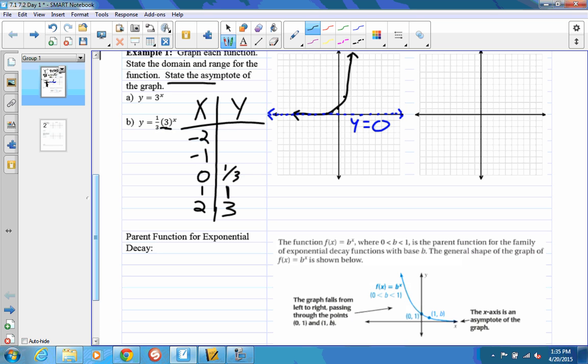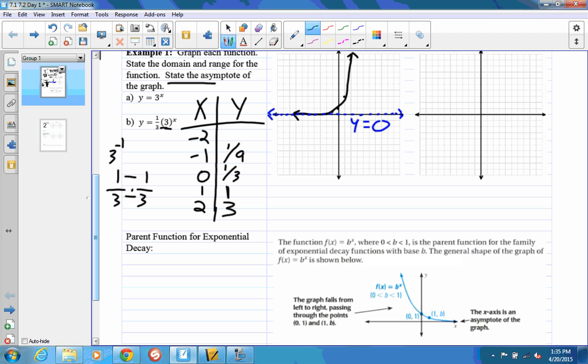-1. All right, so let's write this one out. 3 to the negative first is the same as 1/3, right? Times 1/3. Multiply across, right? 1/9. Yes.